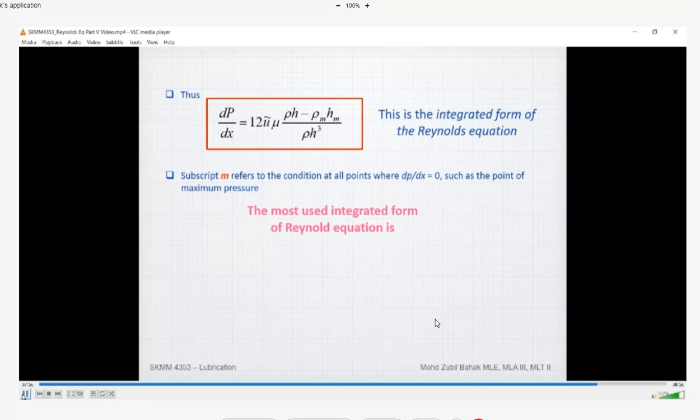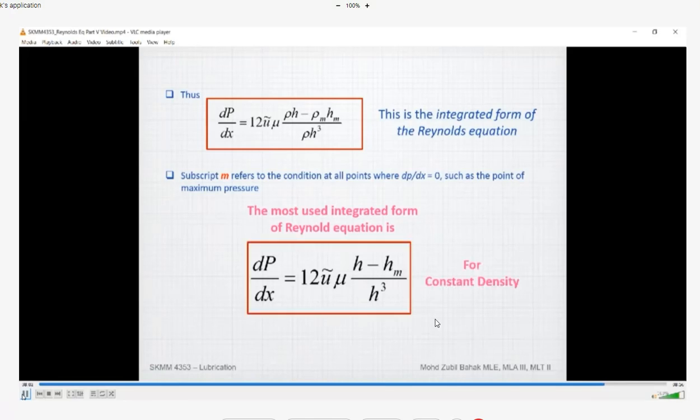So when you have that rho constant, then the final equation is dp dx equal to 12 u bar mu times h minus hm divided by h cube, and this equation is applicable for hydrodynamic lubrication bearings such as thrust bearing, the general bearing, the step bearing, and this also will be used in the next video when we discuss the thrust bearing and also the general bearing.